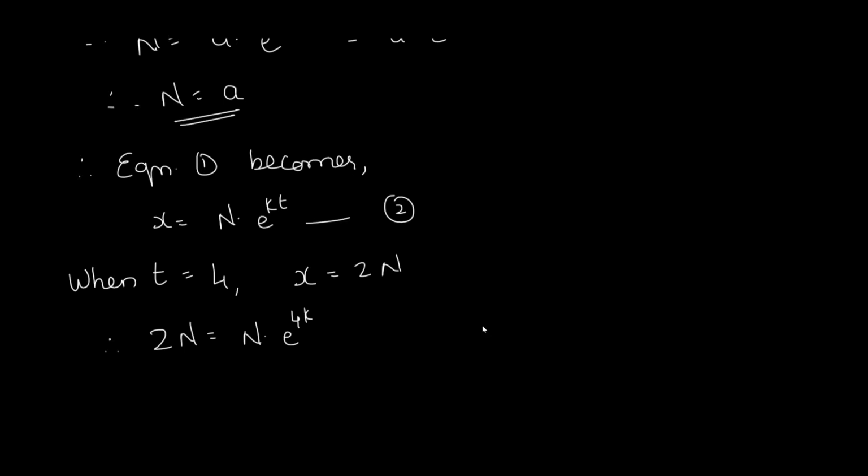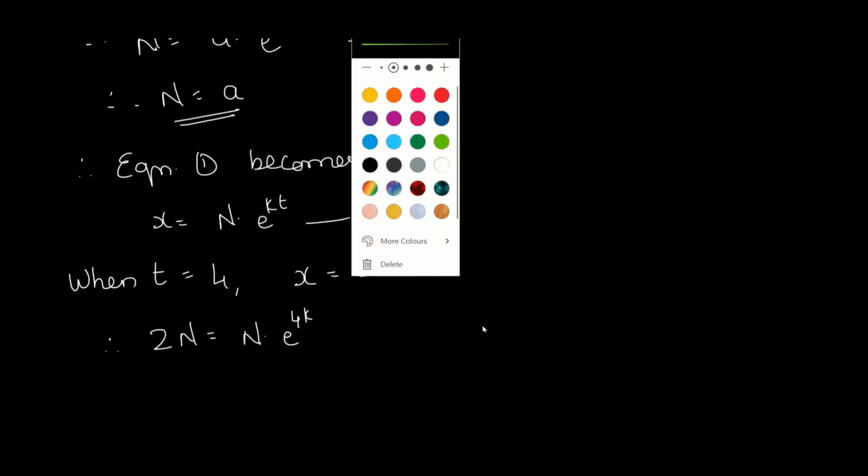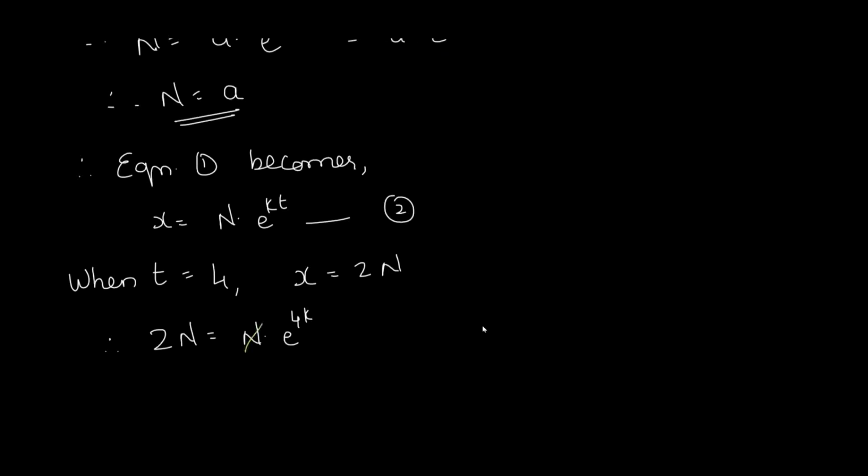So 2n is equal to n into e raised to 4k. Now we can cancel out this n. And therefore we are going to get e raised to 4k is equal to 2. We keep this in mind and go further.